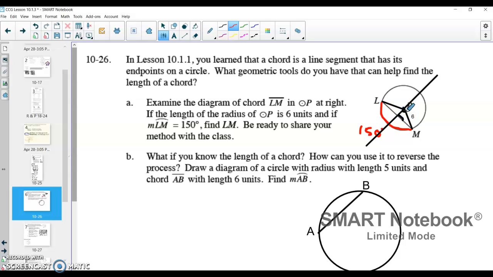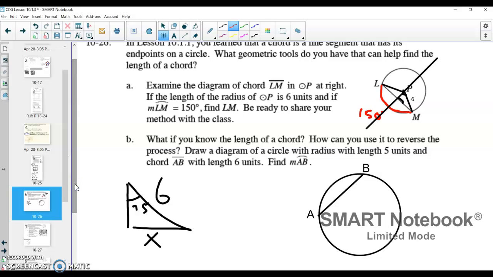So if I redraw this triangle, what I really have now is a right triangle with the radius being 6, with this angle being 75 because it cut the 150 in half. And then this part down here is the part we don't know. It's part of the chord, but x is only half of the chord. So we need to solve for x and then multiply it by 2 so we can get the entire chord.